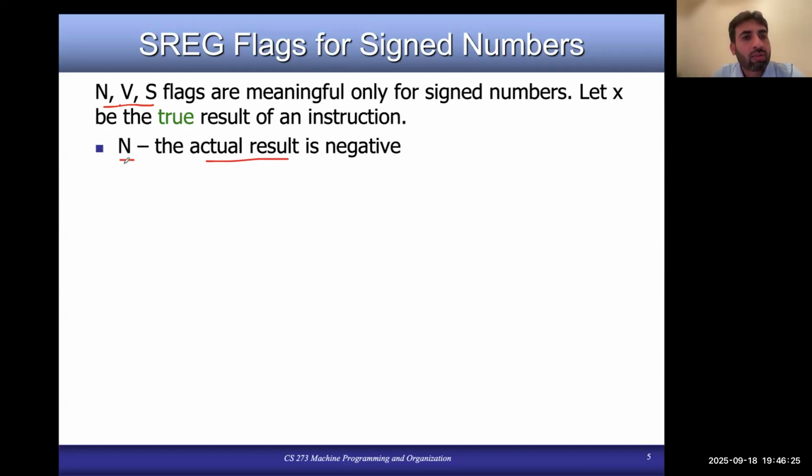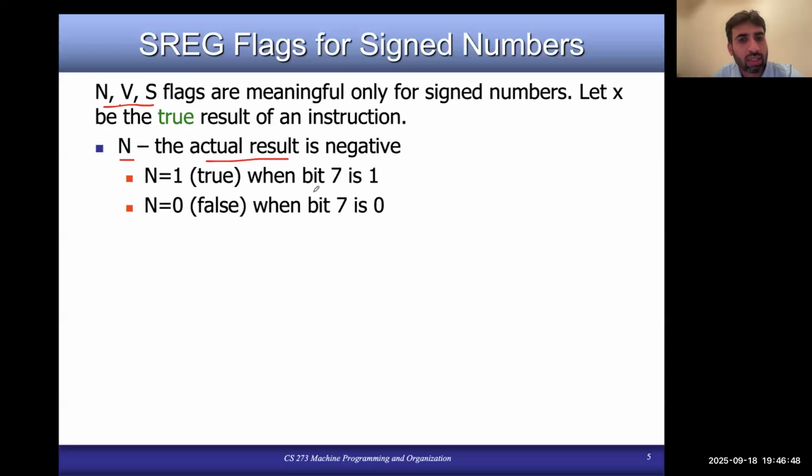So the N flag will tell us that the actual result which we have in the register is negative. If N is equal to 1, it means that the most significant bit of the register is 1. So the N flag is simply a duplicate of the most significant bit of the register holding the result. If the most significant bit is 0, N will be 0.